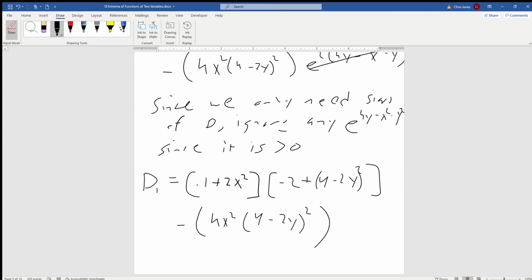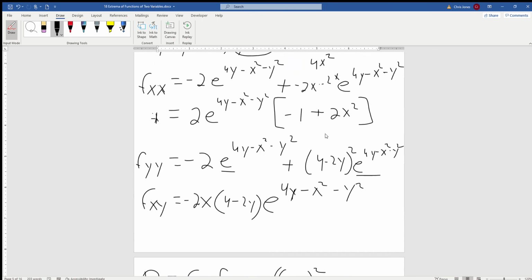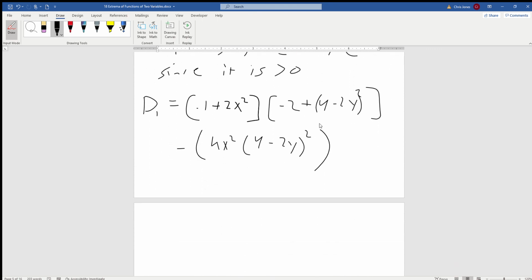All right, so now that we have d, thankfully, we only have one value to worry about, and that value is 0, 2. So let's find d at 0, 2. I'm going to call it d1, and it'd be really nice if it was less than 0, so then we wouldn't have to plug into the second derivative.